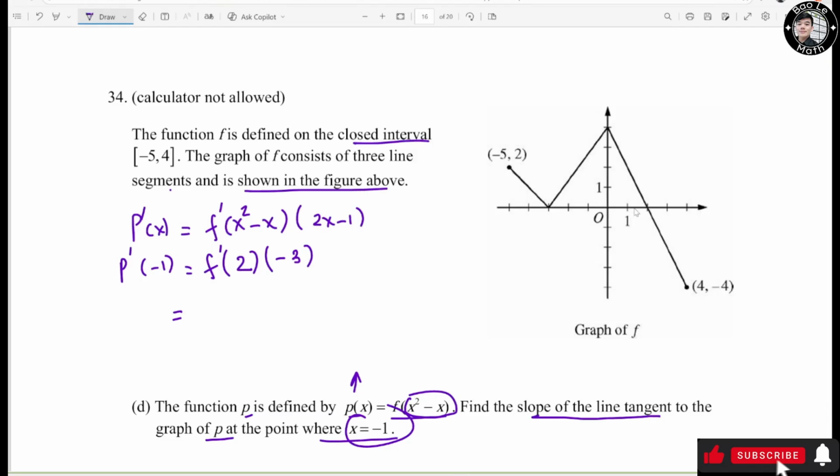F prime of 2 is the slope of this tangent line, so we use rise over run. Rise equals 1, 2, 3, 4, and run equals 2. Actually it should be negative because the graph is going down. So it's negative 4 over 2 times negative 3, which is 6.